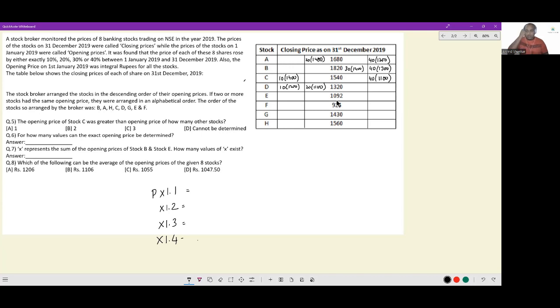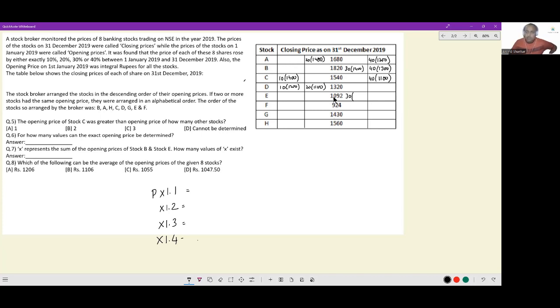1092. Now this is where it gets tricky. 1092 is definitely a multiple of 13. 1001 plus 91. So this is definitely a multiple of 13. So I can go 30% increase. Now I also have to check whether 1092 is divisible by 14. It is divisible by 14.